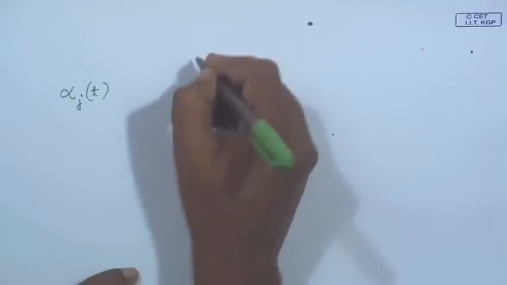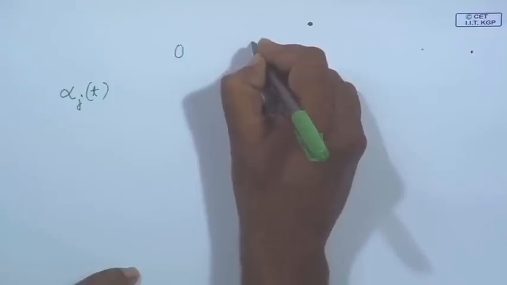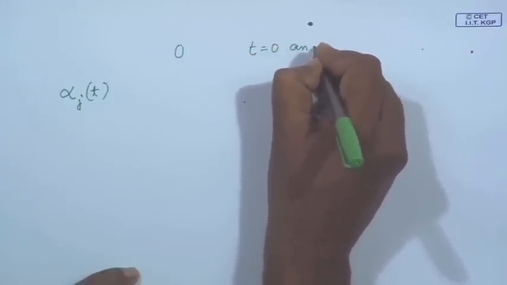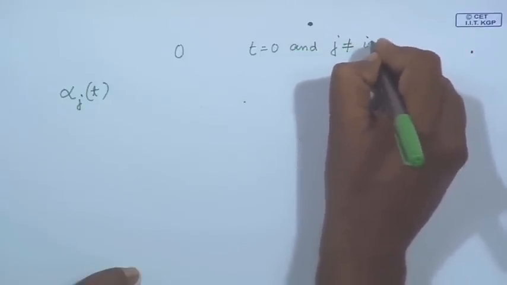So, that is what this alpha j t is. And we can define that this alpha j t will be equal to 0 if t equal to 0 and j is not an initial state.